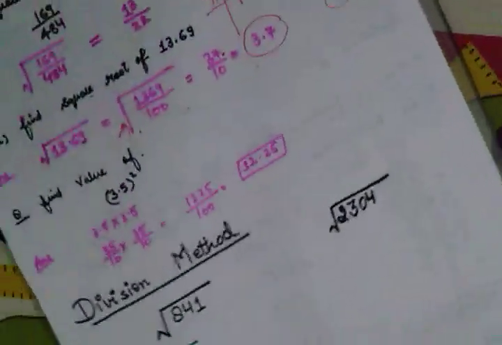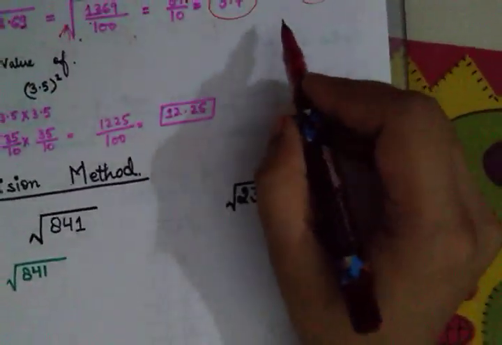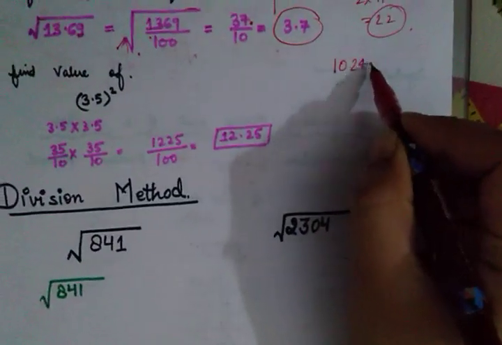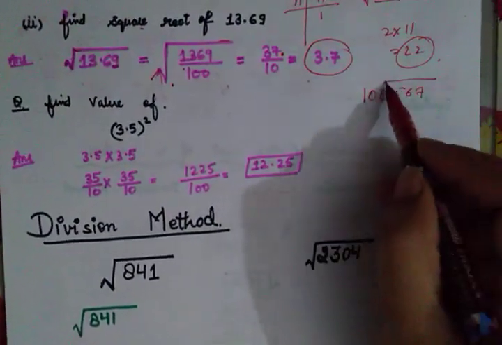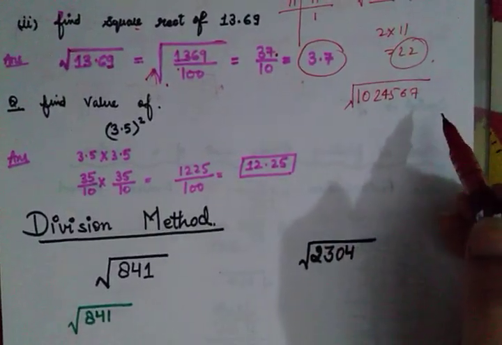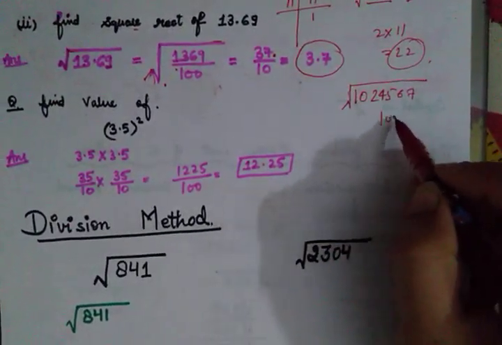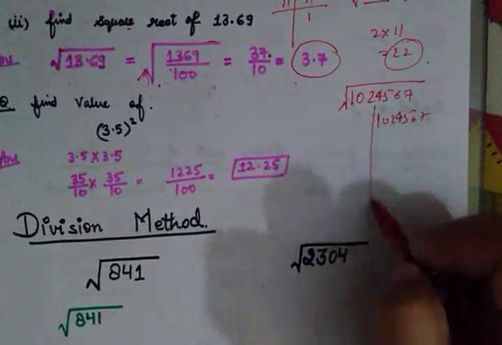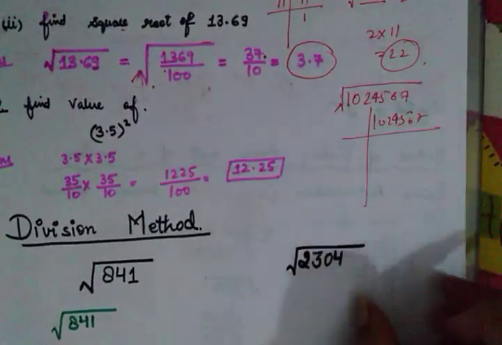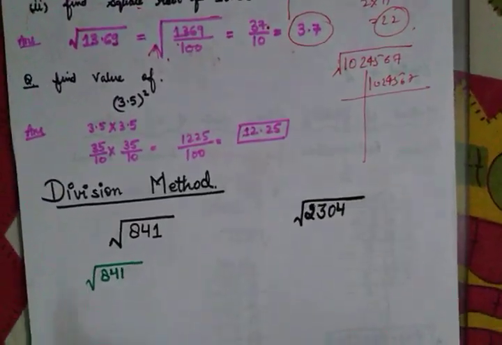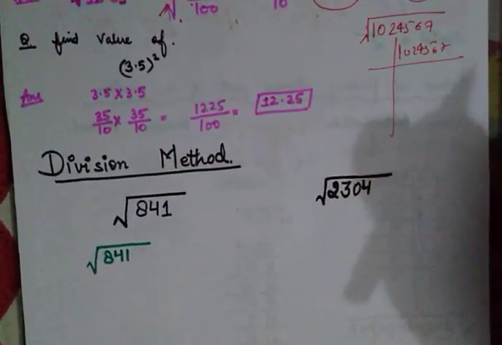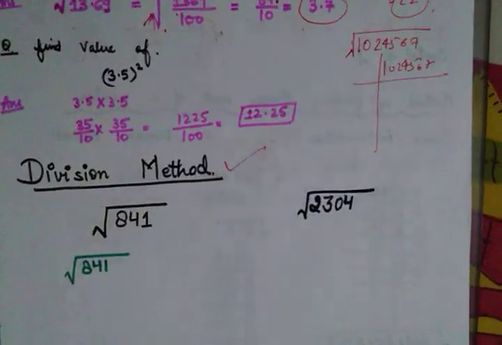Suppose the number is very big, like if the number was 1024567, it's a very long number. Now if somebody asks you what is the square root of this, you can't do that prime factorization for such a big number because it will take a lot of time to calculate it. So a better and more convenient process we have, which is known as your division method.